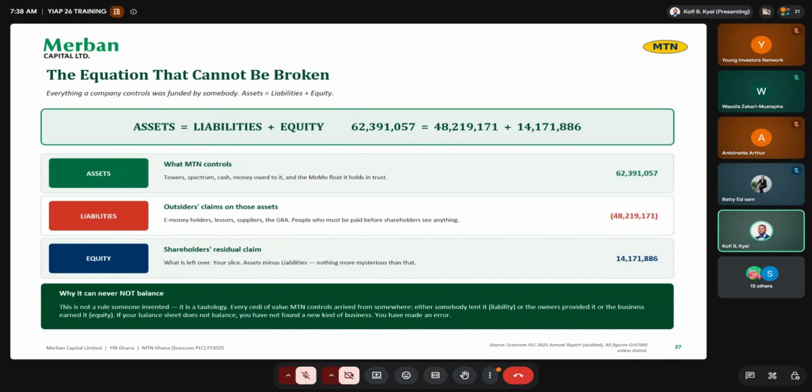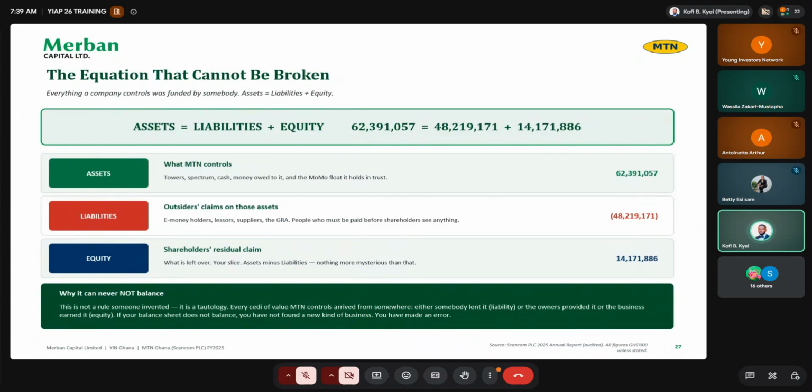And the 48.2 billion plus the 14.2 billion put together gives us the assets. Forgive me, it looks like I'm not very stable, but forgive me. So the two put together give us the assets.